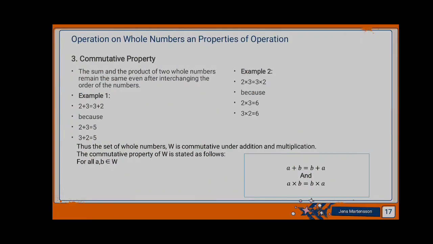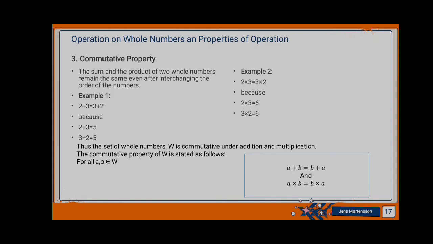Next, commutative property. The sum and the product of two whole numbers remain the same even after interchanging the order of the numbers. Example 1: 2 plus 3 is 3 plus 2, because 2 plus 3 is 5 and 3 plus 2 is 5.